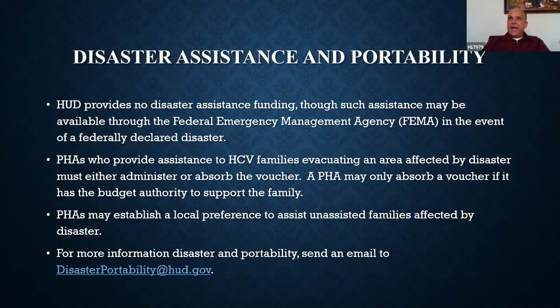I worked for HUD back in the time of the Katrina disaster in 2005, and one of the ways that we addressed that issue is that we encouraged our housing agencies and their boards to implement policies that called for a local preference. That made it a little easier for them to accept people affected by disaster.